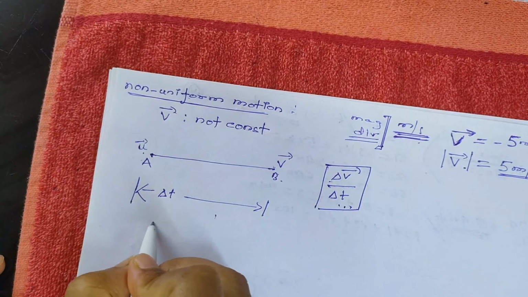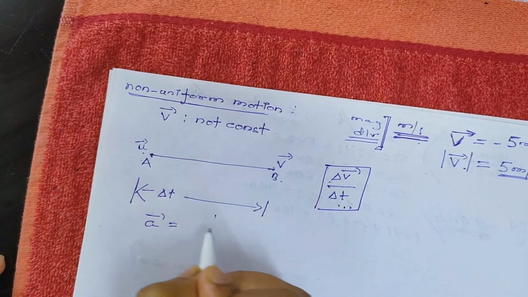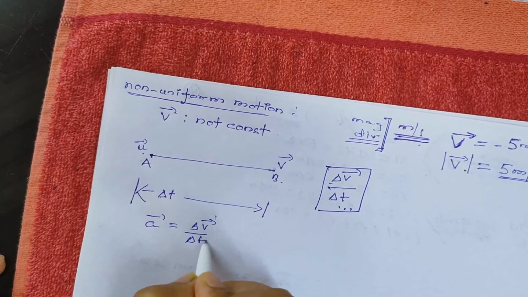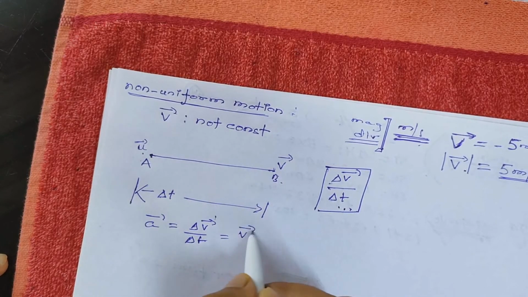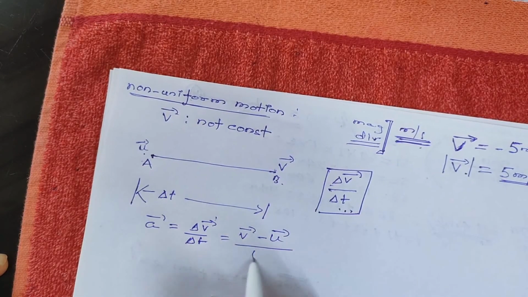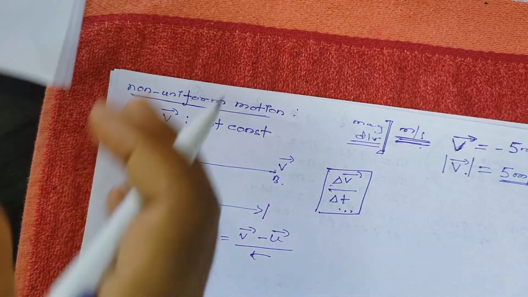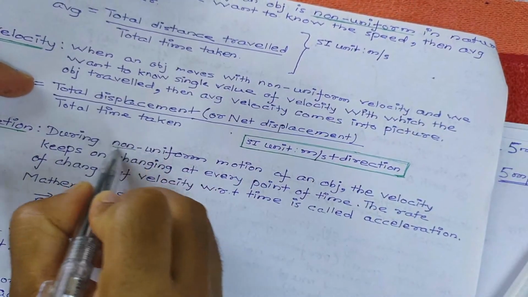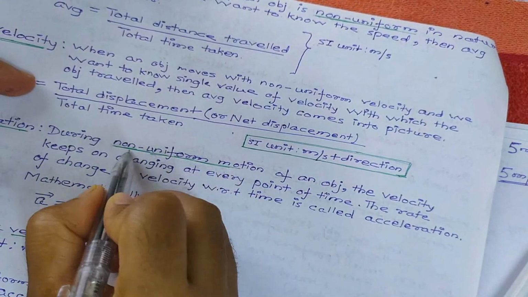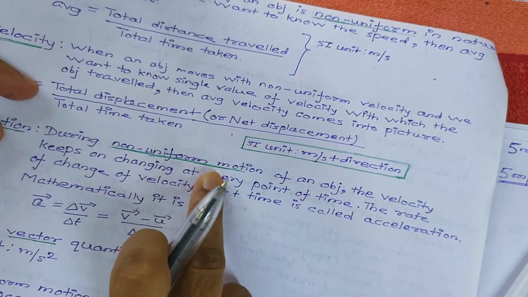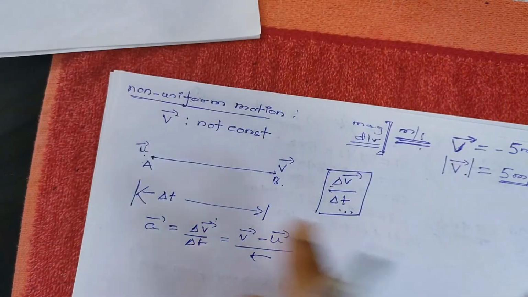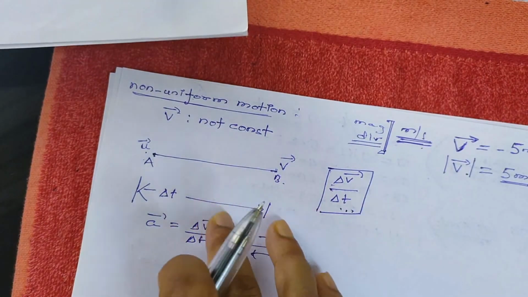We generally denote acceleration by a letter. So we can say delta v by delta t, final velocity minus initial velocity over time duration, which you can denote by t also. This is what I have written for you. It is very important, guys: when acceleration comes into the picture, the precondition is that the motion of the object must be non-uniform, meaning the object should be moving with varying velocity. Only then would you have a gradient.